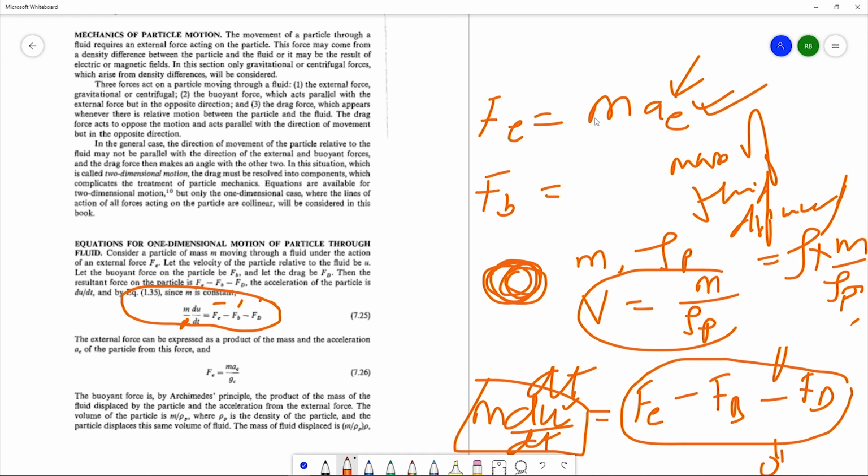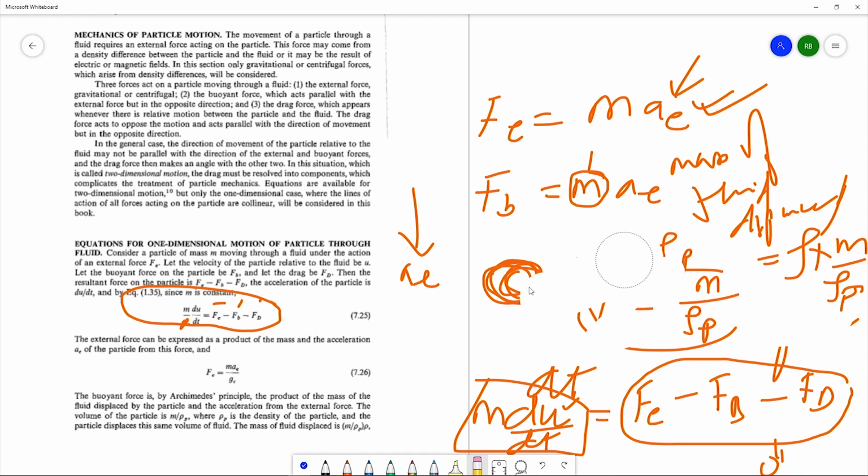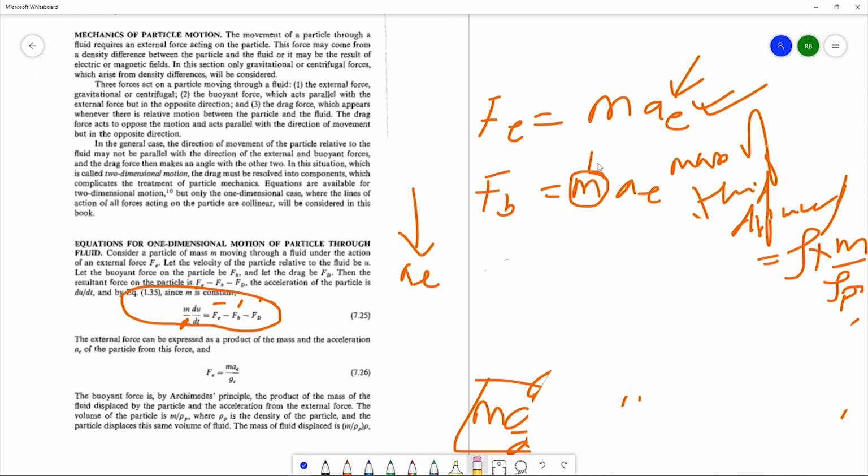Because the particle is moving in this direction with acceleration A_E. So the buoyant force will be m into A_E. Then what is this m? m is the mass of the fluid displaced by the particle.